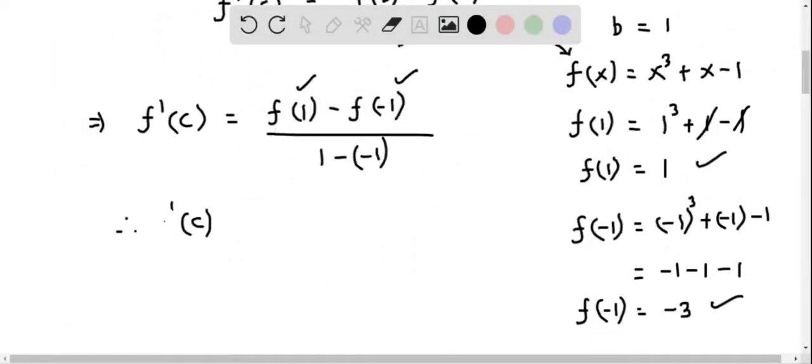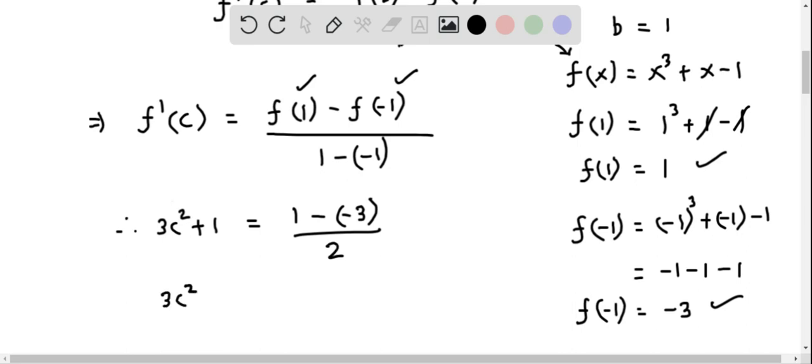So 3c squared plus 1 equals f of 1, which is positive 1, minus f of negative 1, which is negative 3, divided by 1 plus 1, which equals 2. So let's simplify this. This gives 3c squared plus 1 equals 1 plus 3, which is 4, divided by 2, and this gives 2.